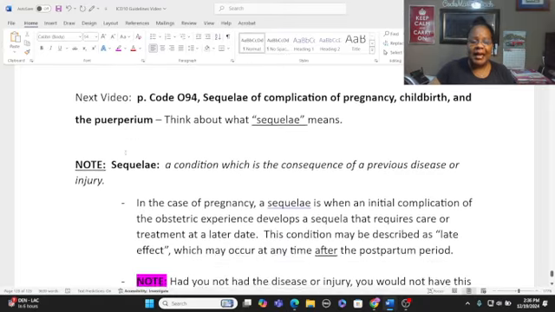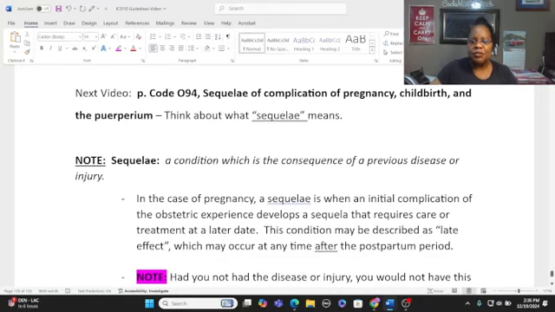All right, in my last video, I said that this week we'll be at P, code O94, Sequelae of Complication of Pregnancy, Childbirth, and the Puerperium, and I asked you to think about what sequela means. So I have a note here that says sequela is a condition which is the consequence of a previous disease or injury.